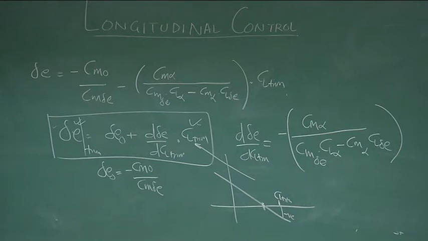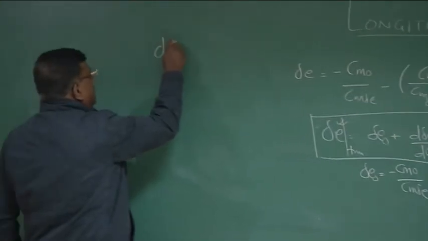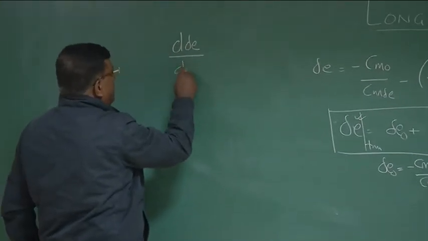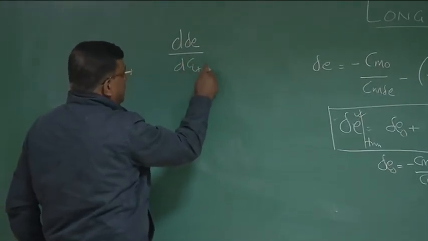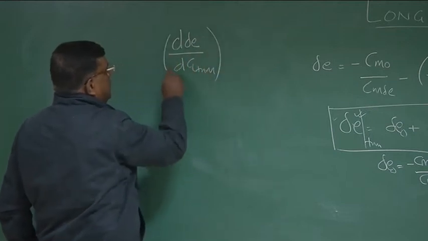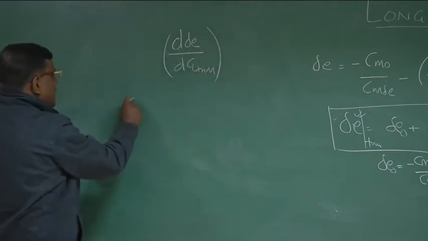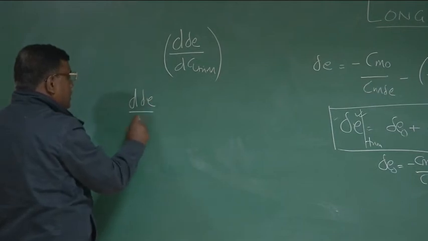Okay, now we'll go a little more into it so that we get a better insight of what you are doing. We'll do some approximation. We'll now have a little discussion for this term. What is this d delta E by d Cl trim?